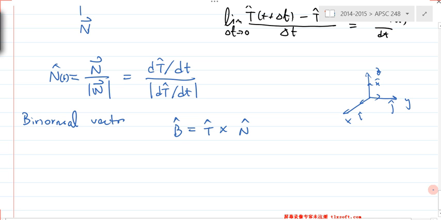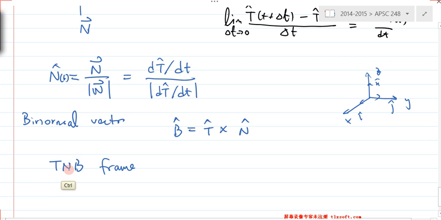So based on the current definitions of the unit tangent vector, the principal unit normal vector n hat, and the binormal vector, we are able to construct a so-called TNB frame. It's like an x, y, z frame, but not necessarily: this has to be x, this has to be y, but it's the TNB frame.